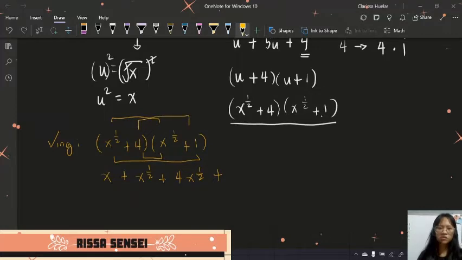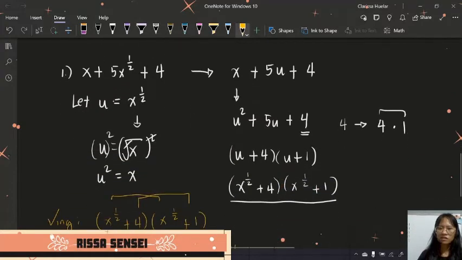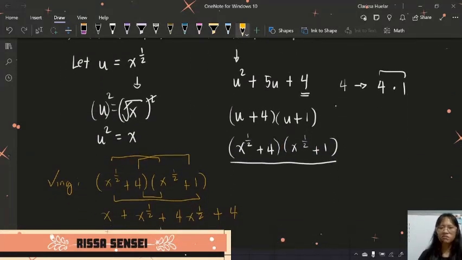Plus 4 times 1 is 4. And now this is equal to x plus, we will just add the numerical coefficient. So, hindi na natin kailangang galawin ang literal coefficient. Meron tayong 5x raised to 1 half plus 4, which is the same with the given. So, that's the answer for number 1.